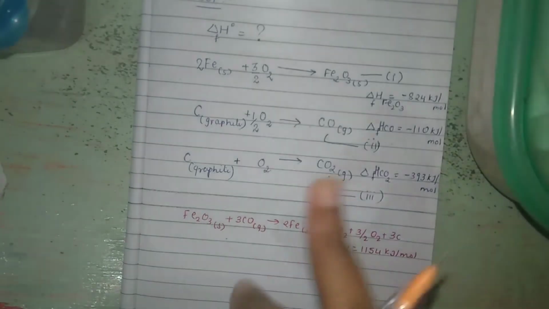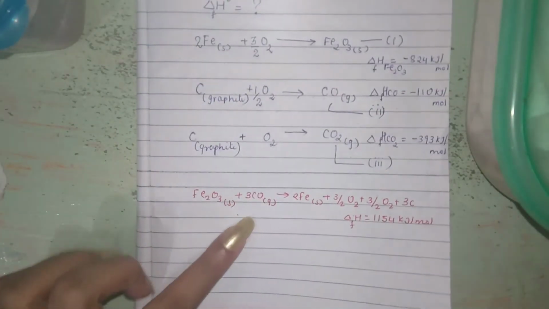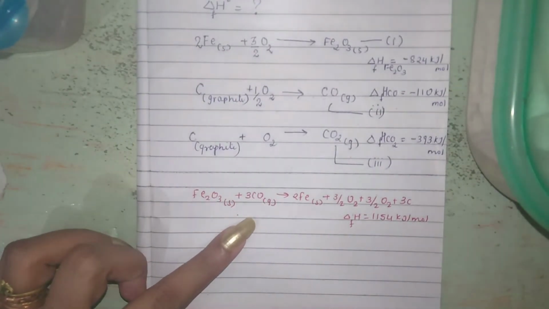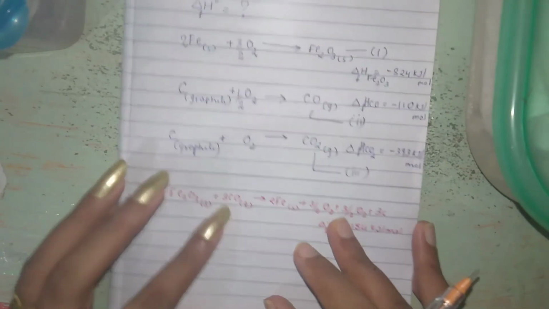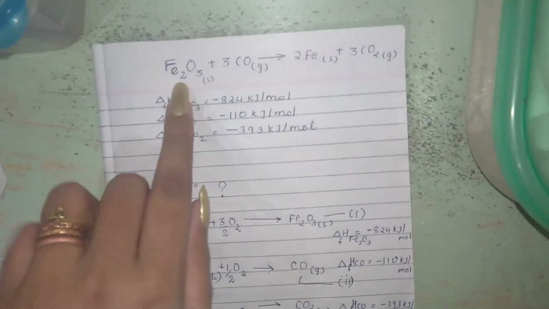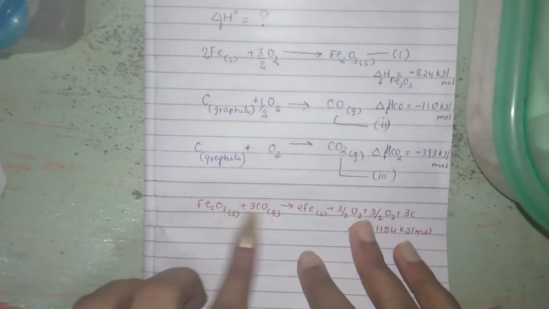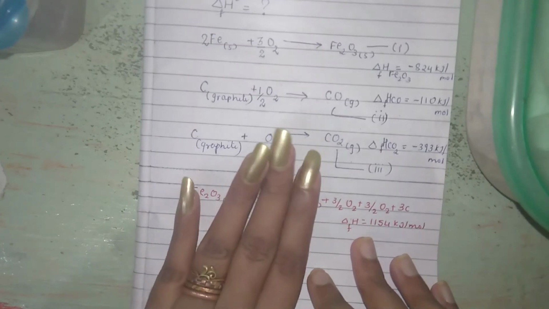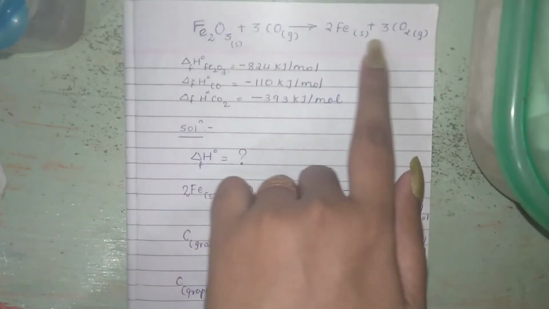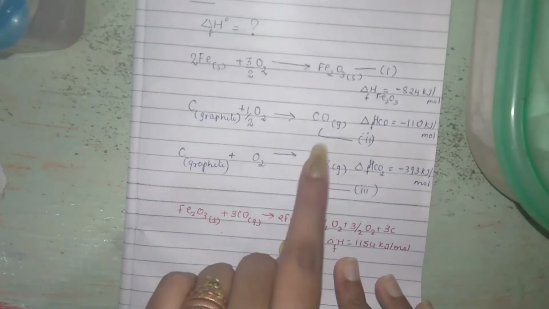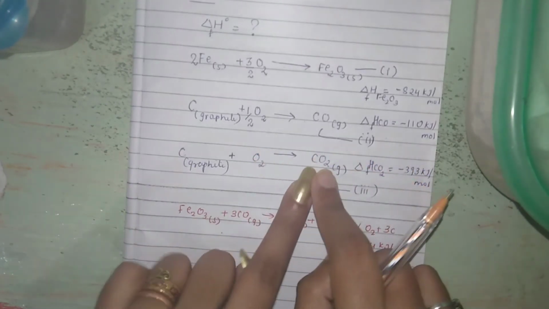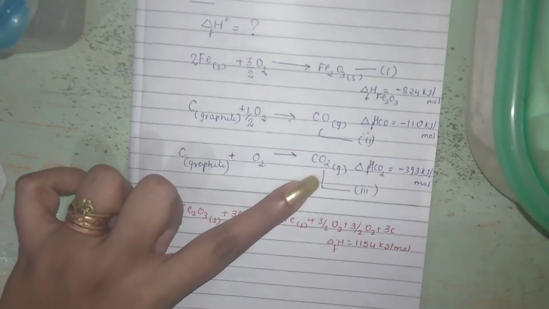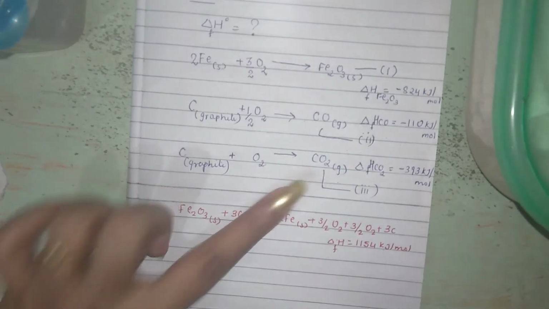I have written the same thing here. Now what do you understand by this, students? I have got Fe2O3 and 3CO on this side, and 2Fe on the other side, but I want 3CO2. So I will multiply equation 3 by 3.